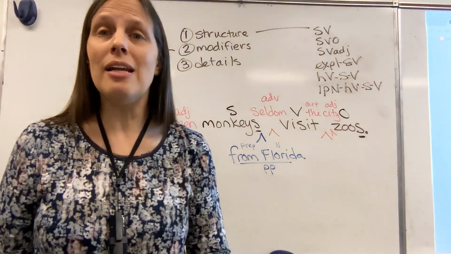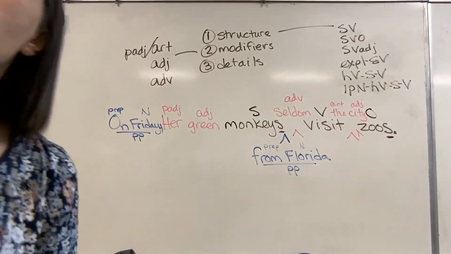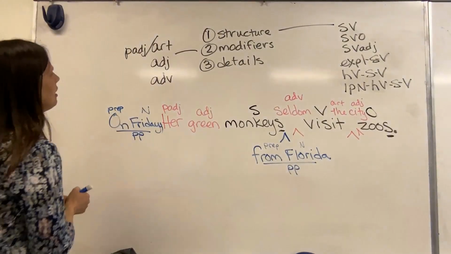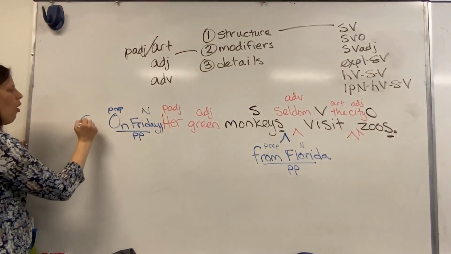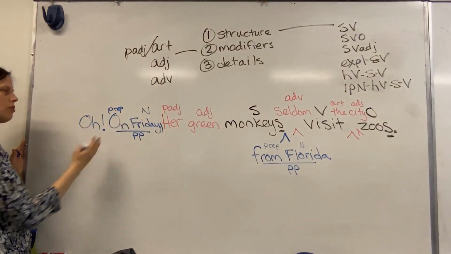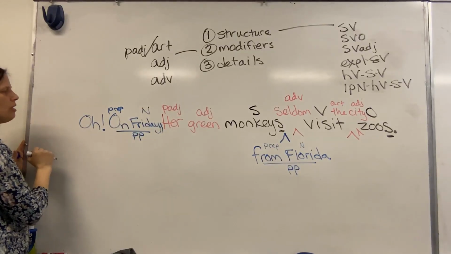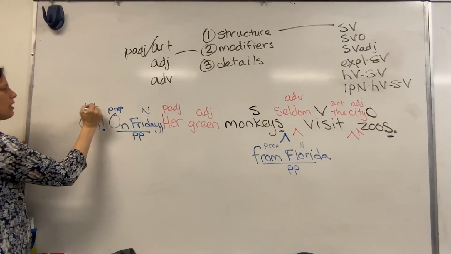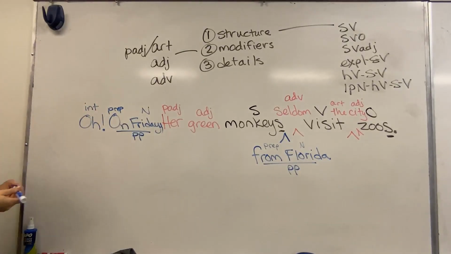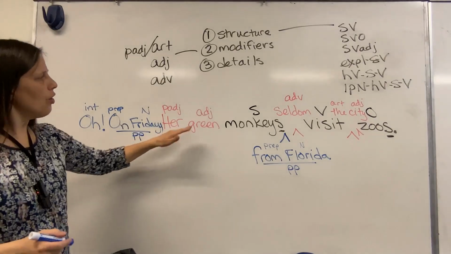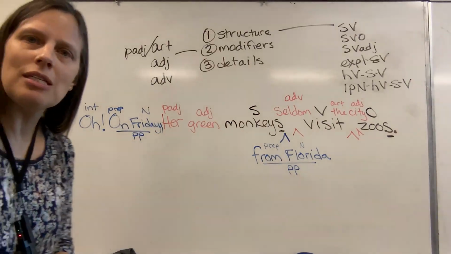The second way we can add is by adding an interjection. So an interjection at the beginning, we can just say, oh, right? Interjection. It's a little bit separate from the sentence. It has its own punctuation. Oh, here's our interjection. Oh, on Fridays, her green monkeys from Florida seldom visit the city zoos.